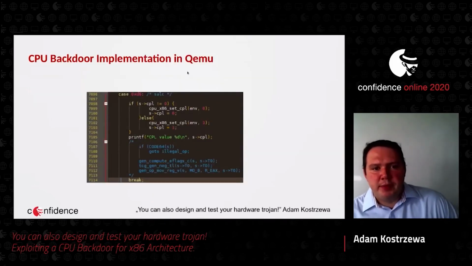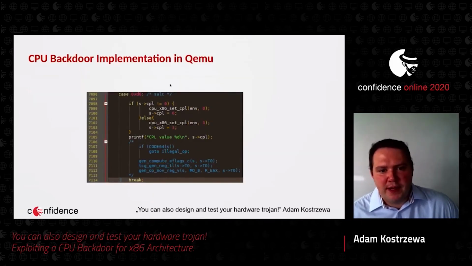In order to implement our backdoor, we'll just find the sulk instruction. I commented out the part of the sulk instruction which was doing what sulk is supposed to do, and I added this part, which is actually a Trojan. We are just altering the CPL, switching between kernel mode and user mode.